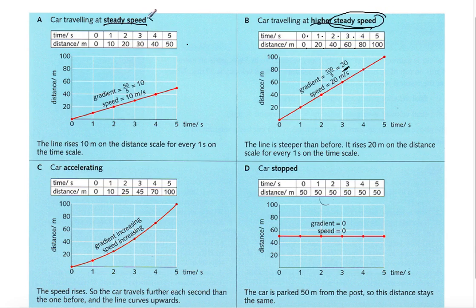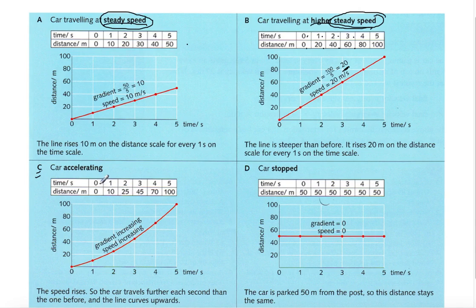In A and in B, the car moves with constant speed. But let us look at graph C. In graph C, you see the distance increasing.